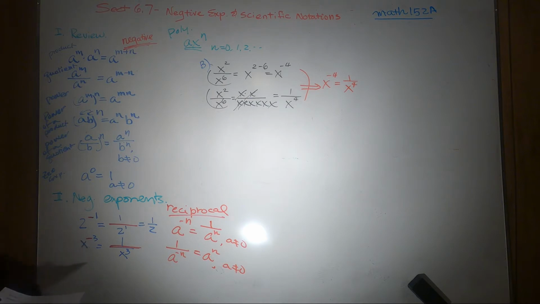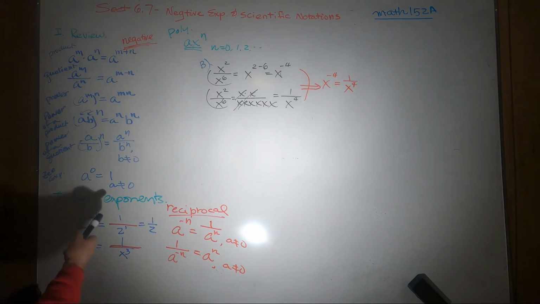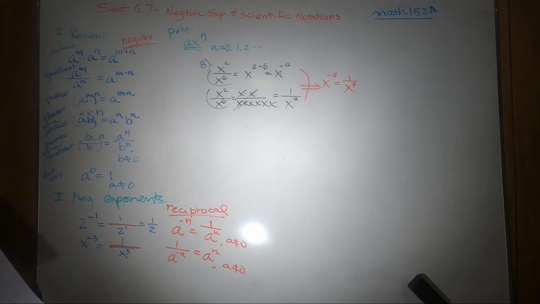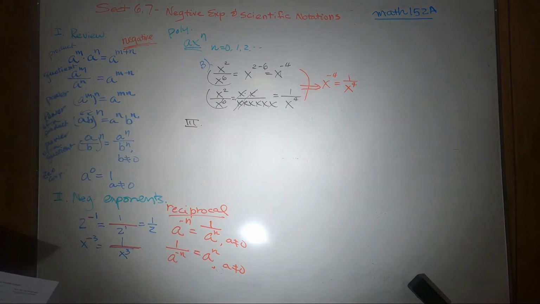Okay? So what we want to do is write it as simply as possible for all those negative exponents, right? So let's see what kind of things we can do to make it simpler, because we cannot really see the negative exponents.